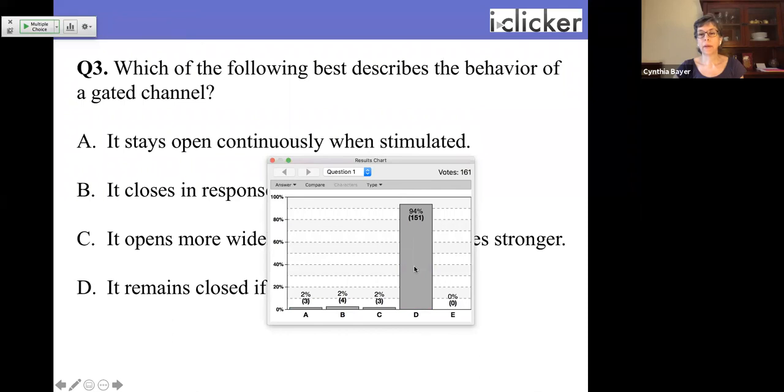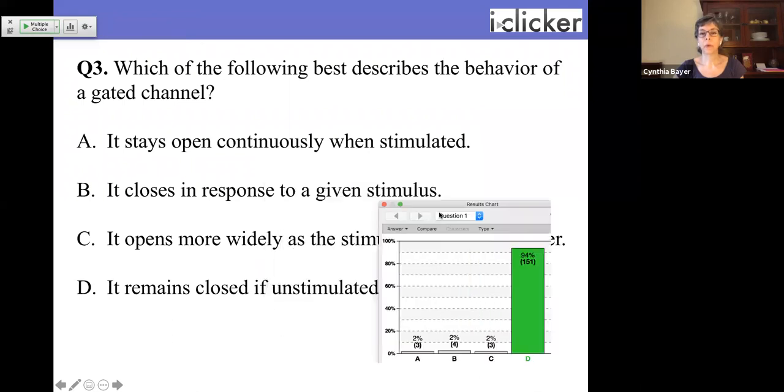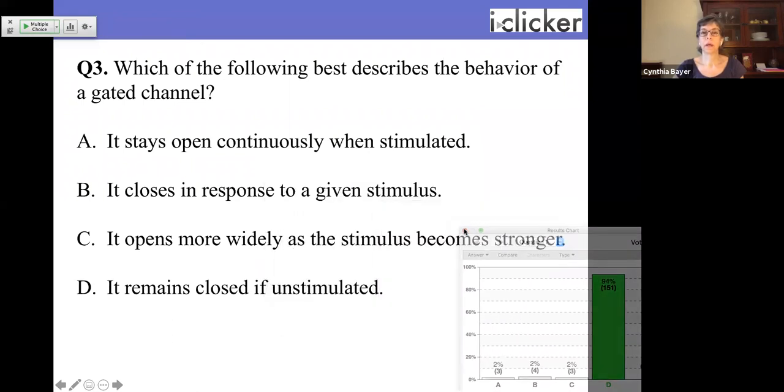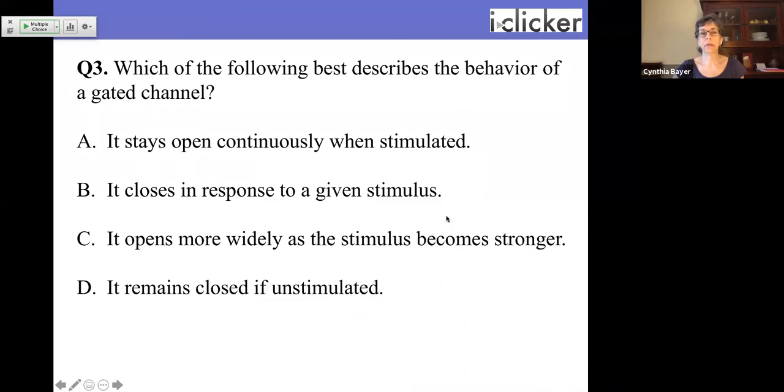And yes, the best answer is D. A gated ion channel is closed normally. It's closed until it's stimulated. Right? It's closed if it's not stimulated. When it's stimulated, it's actually going to be a short reaction in that it's open.